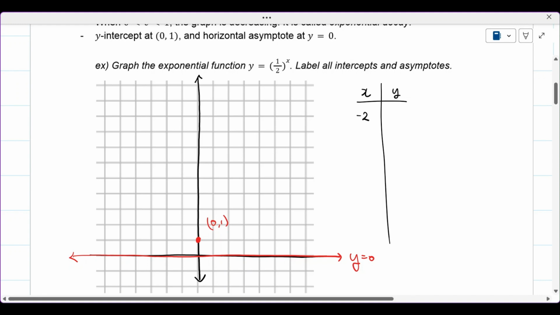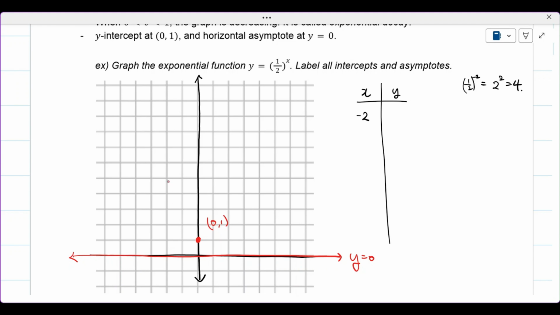When x is negative 2, (1/2)^(-2) would be 2 to the power of positive 2 using the law of exponents. Right? When you have a negative exponent, it gives you the reciprocal of the base. So that's equal to 4. So my value when x is negative 2 is 4.